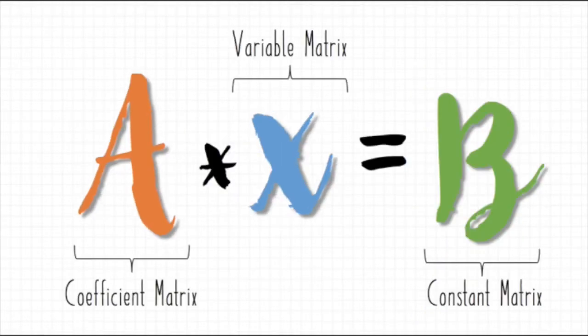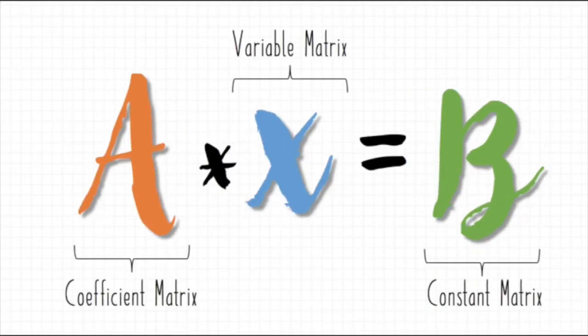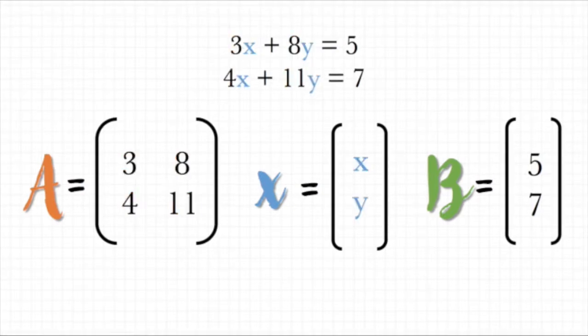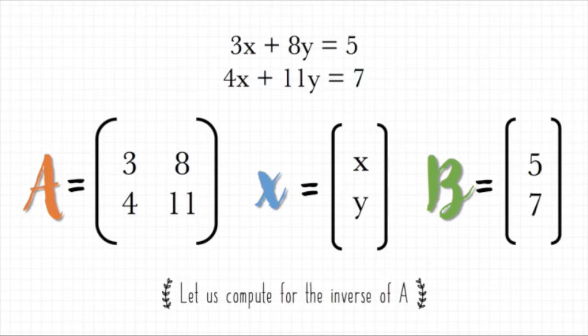First, let us derive A, X, and B. As you can see, matrix A contains the coefficients of X and Y, matrix X contains the variables X and Y, and matrix B contains the constants 5 and 7.